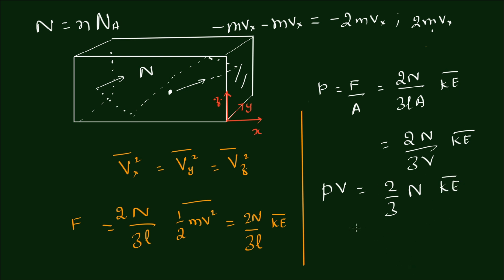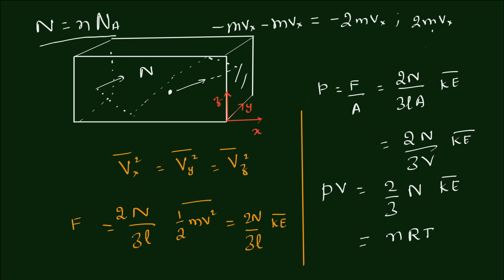Now compare this with what we know from experiment done by Boyle and Charles and all those guys. We know that this is equal to nRT. Now remember, capital N is small n times Avogadro number.